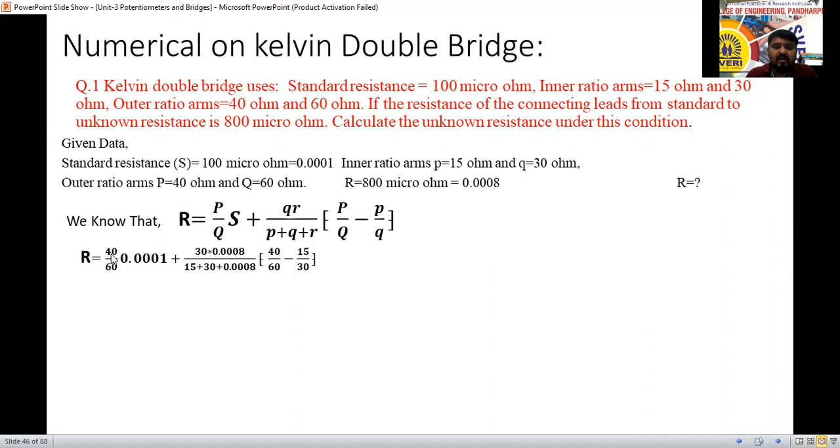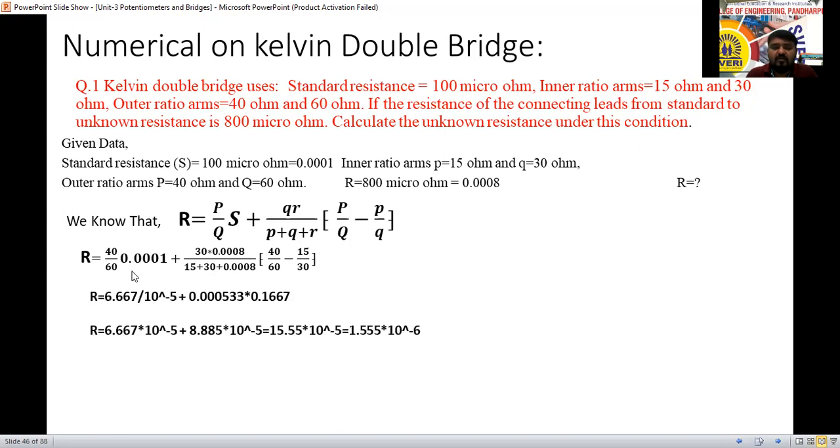P equal to 40, Q equal to 60, S equal to 0.001, plus Q equal to 30 into R equal to 0.008, divided by P plus Q plus R, which is 15 plus 30 plus 0.008, then open bracket, 40 divided by 60 minus 15 divided by 30.